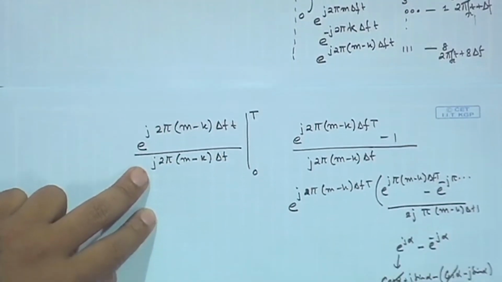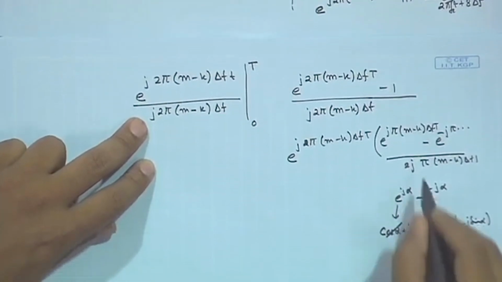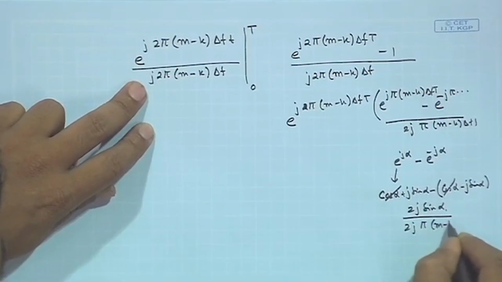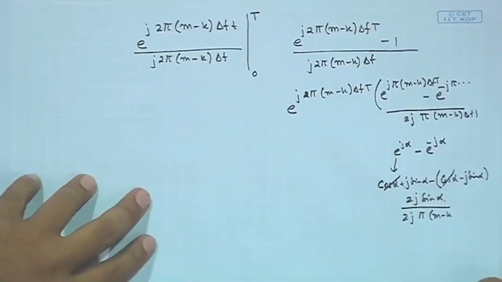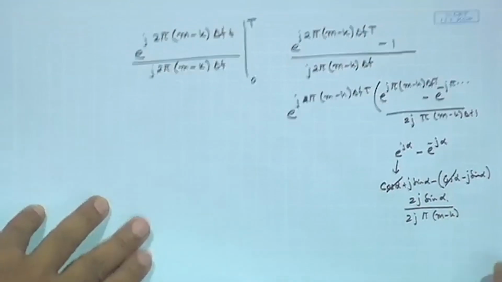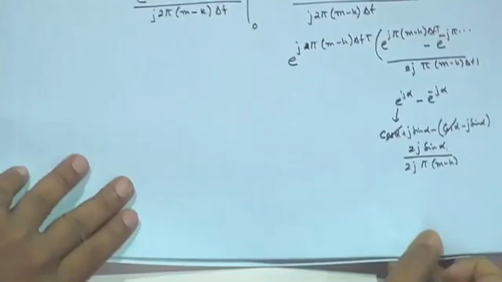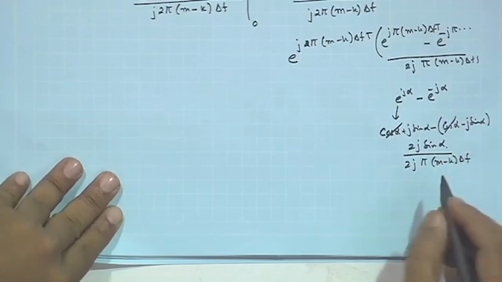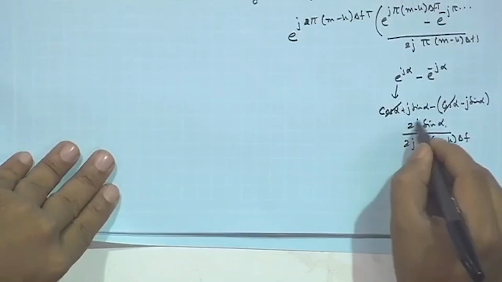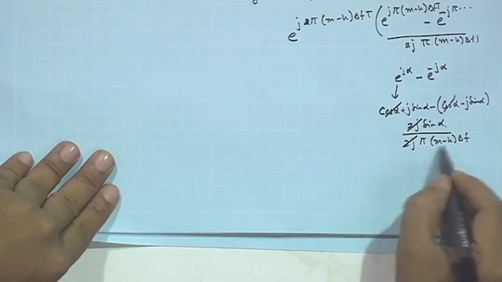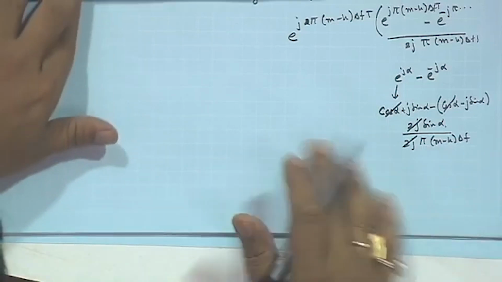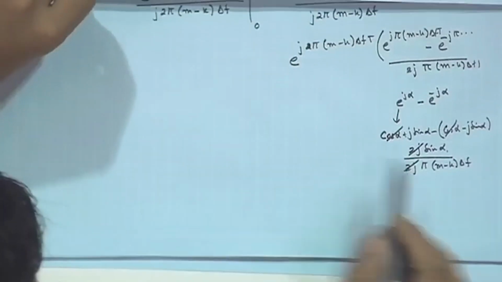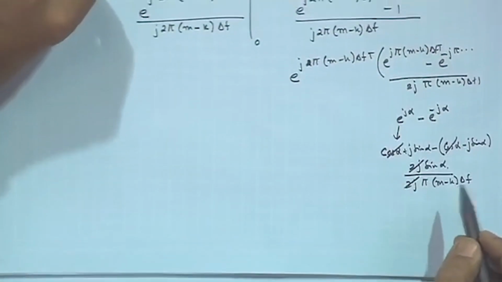You are going to get 2 j sin alpha in the numerator, and in the denominator you have 2 j pi (m minus k) times delta f. So, 2 j cancels out, and you are left with this term, right. That is the term that we get over here, with the multiplication of T on the numerator.